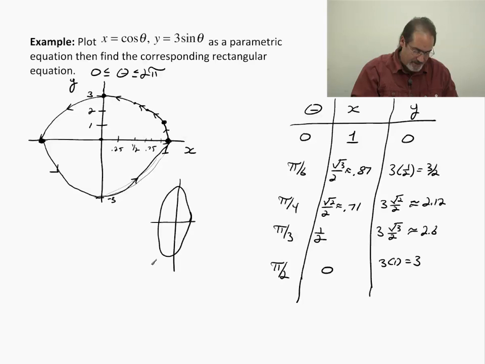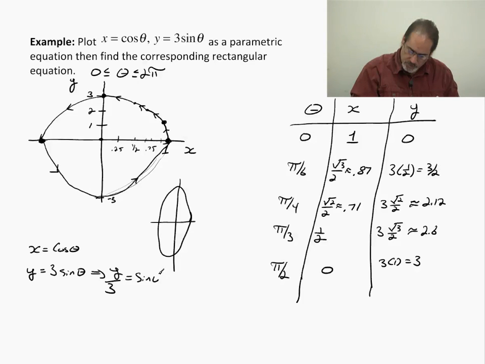So let's go ahead and convert this to rectangular coordinates. I know that x equals cosine of theta, and y equals 3 sine theta. That means that y over 3 equals sine theta. Cosine squared plus sine squared equals 1.